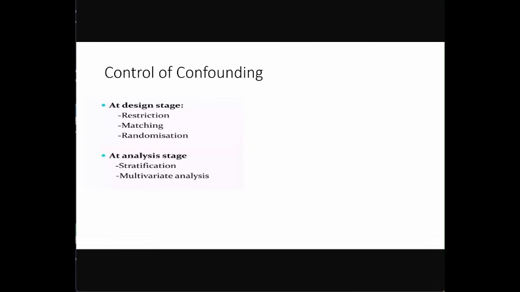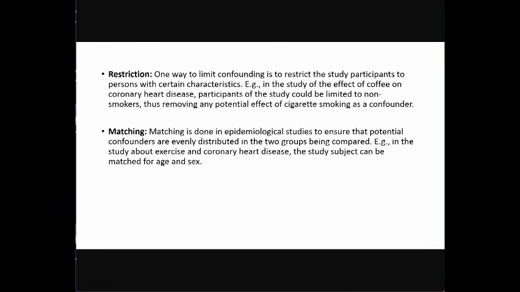Software like WinPepi, SPSS, EpiInfo, Stata will do multivariate analysis. That's the commonest way we use. The rest are a bit more difficult to use. The easiest one is multivariate analysis. We just put it in the software, run the program, and that's it.